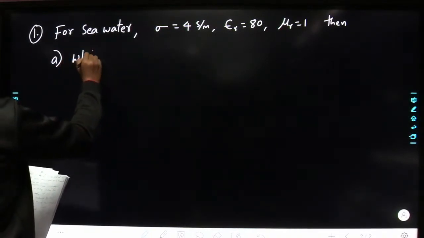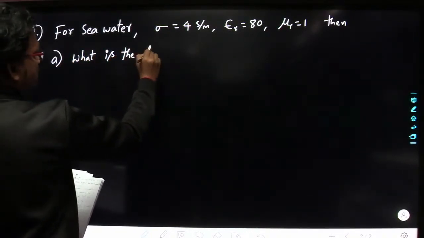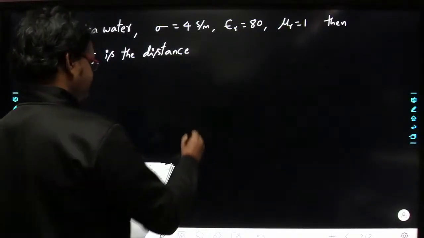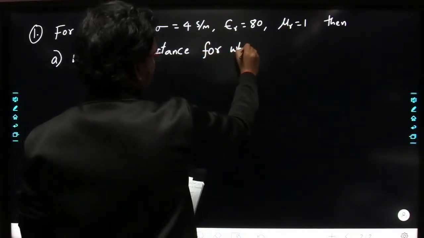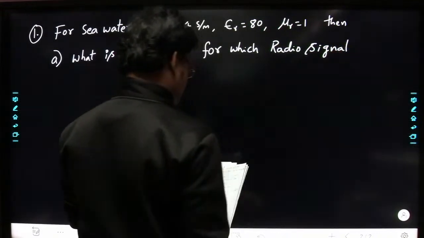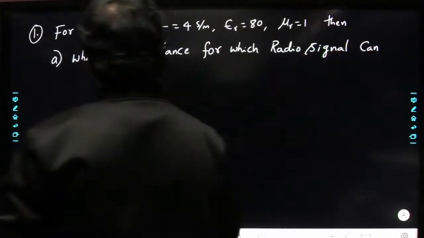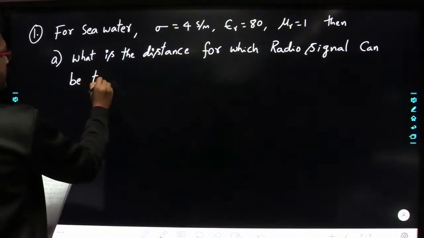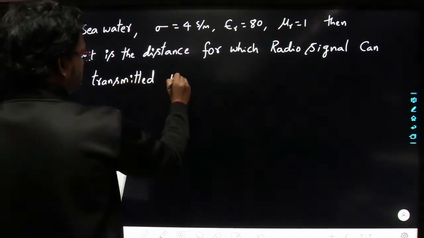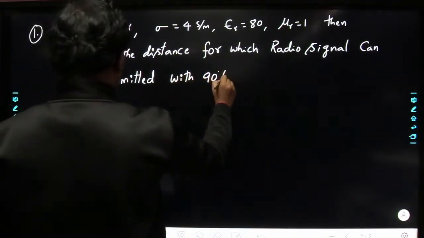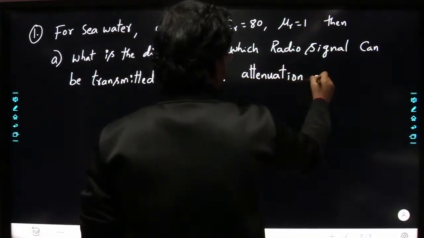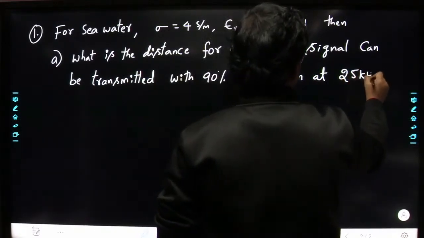what is the distance for which a radio signal can be transmitted with 90% attenuation at 25 kHz?